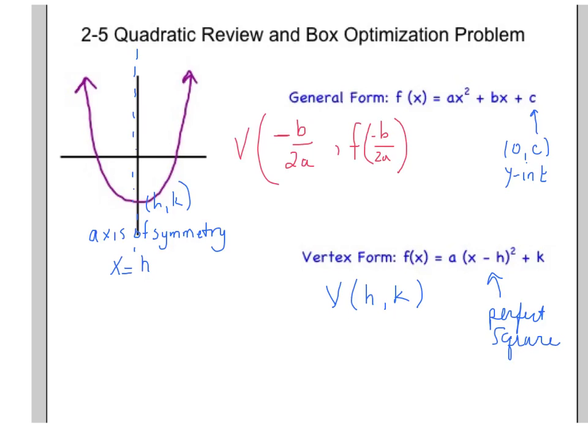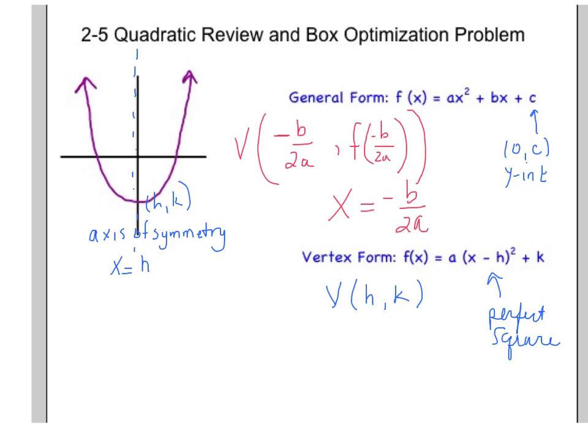It takes a little more effort, but it is highly effective. So I want you to be sure that you write that down. The axis of symmetry in this particular case would be x equals negative b over 2a. And that's for an equation written in general form.